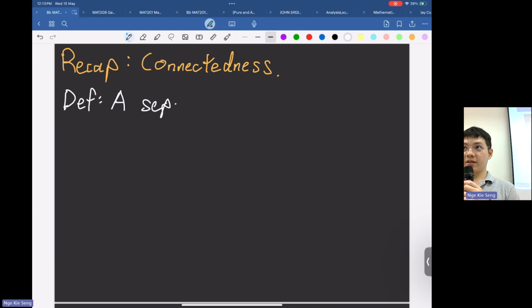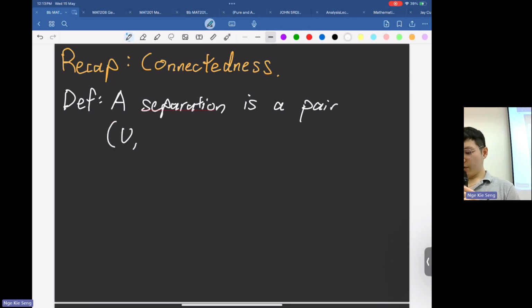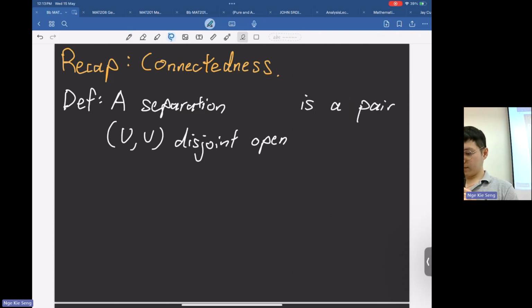A separation is a pair of disjoint, open, and non-empty sets.